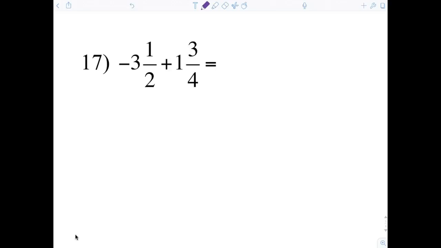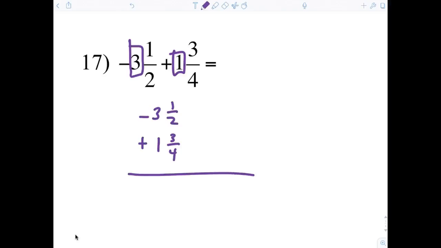What I mean by that is the 3 is larger than the 1, so I want the 3 on top. So we're going to do -3 1/2 plus 1 3/4. If you don't do it this way, you're going to make a mistake. So these are another ones that I'd ask you to please highlight, because it's a little bit harder.